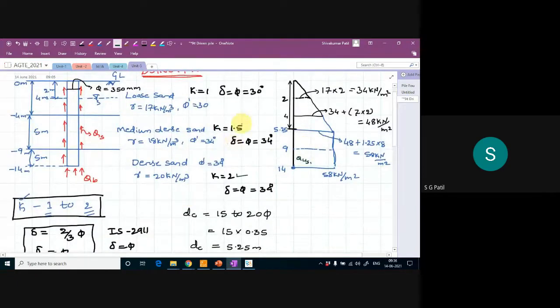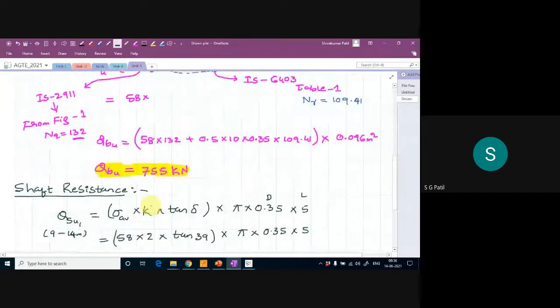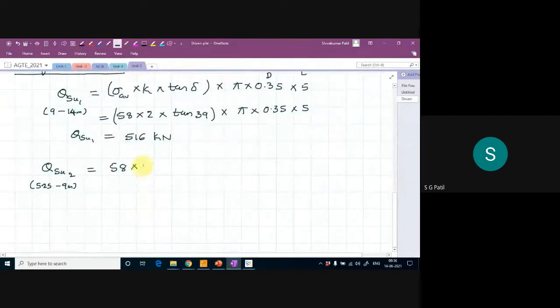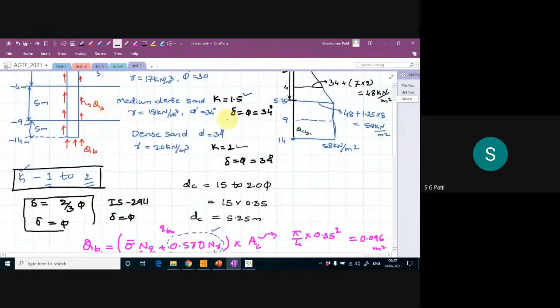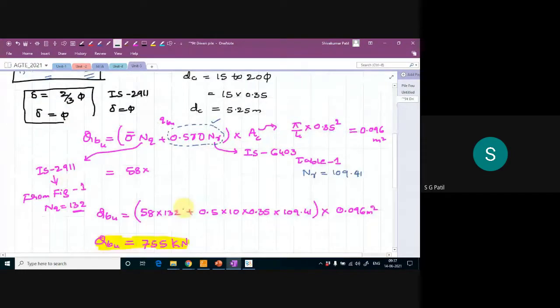K is 1.5 here. 1.5 into tan of delta, which in this layer is 34 degree.